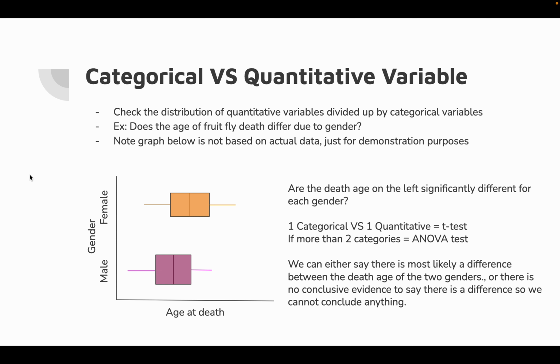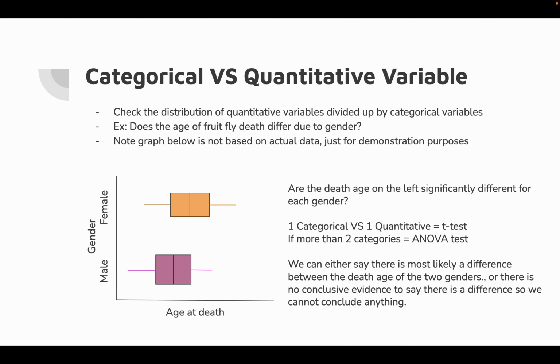The last type of test that we're going over is a categorical versus quantitative variable. If we have two categories, then we're using a t-test, but if you have more than two categories, then we're using an ANOVA test. In this example here, we have a categorical variable that has two categories, so we'll be using a t-test. Here, we're seeing if the age of fruit fly deaths differs due to gender.